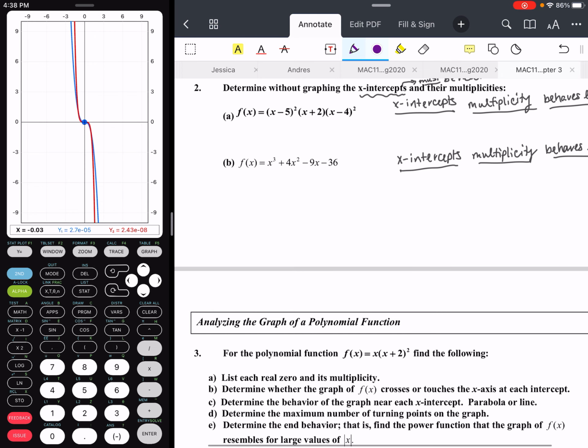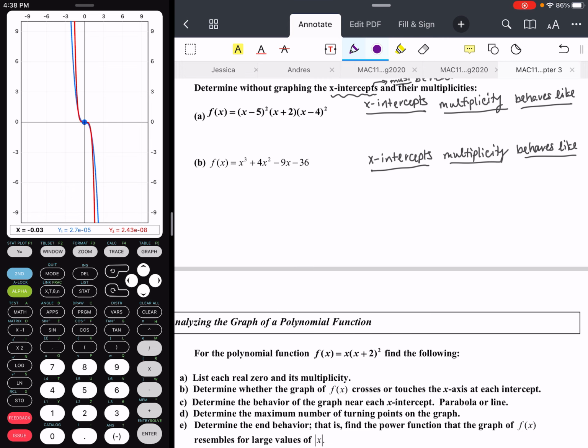Okay, so determine without graphing the x-intercepts, meaning the zeros, and their multiplicities. All right, so function A, f of x equals (x minus 5) squared times (x plus 2) times (x minus 4) squared. So setting x minus 5 equal to 0 would give me x equals 5 as the zero, or as an ordered pair, (5, 0), right?